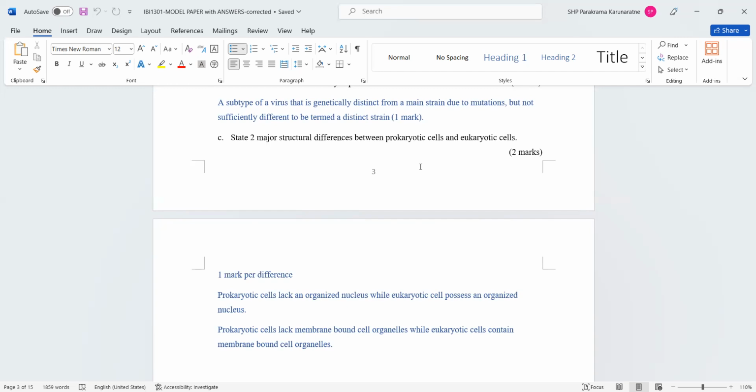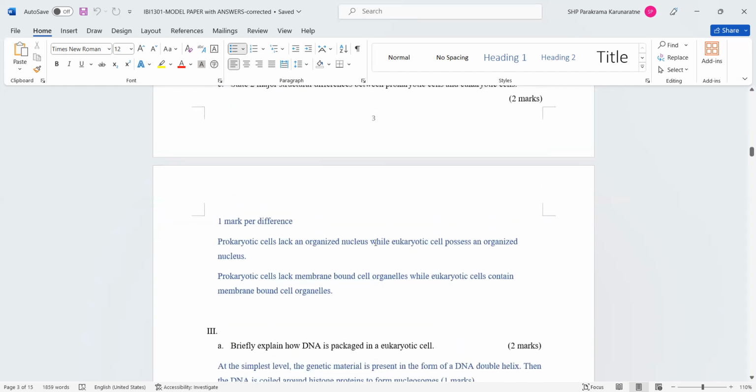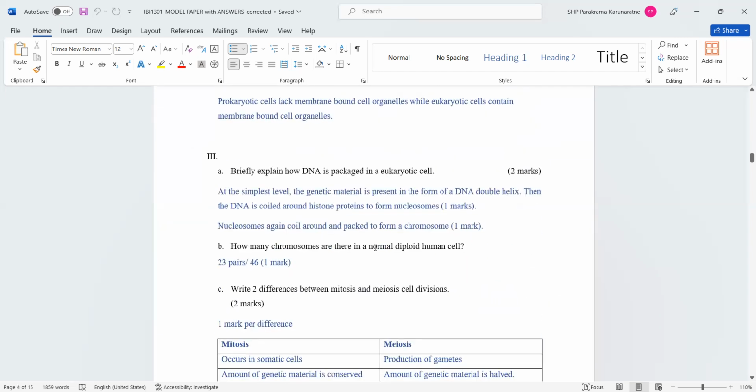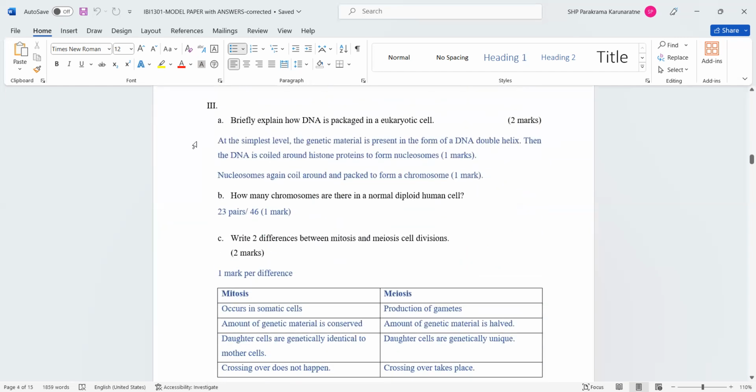It can multiply only in living cells, the host cell, right? So these questions are not difficult to answer. Next, section 3: briefly explain how DNA is packed in a eukaryotic cell.